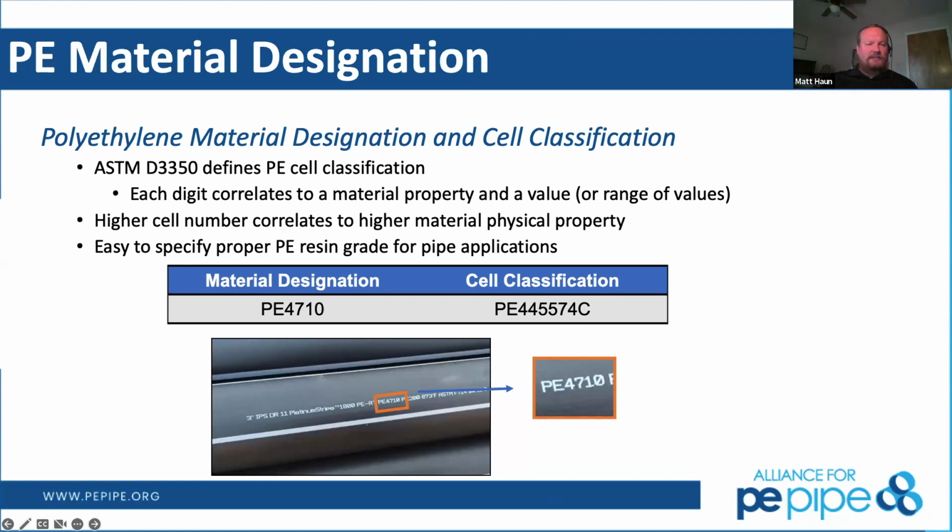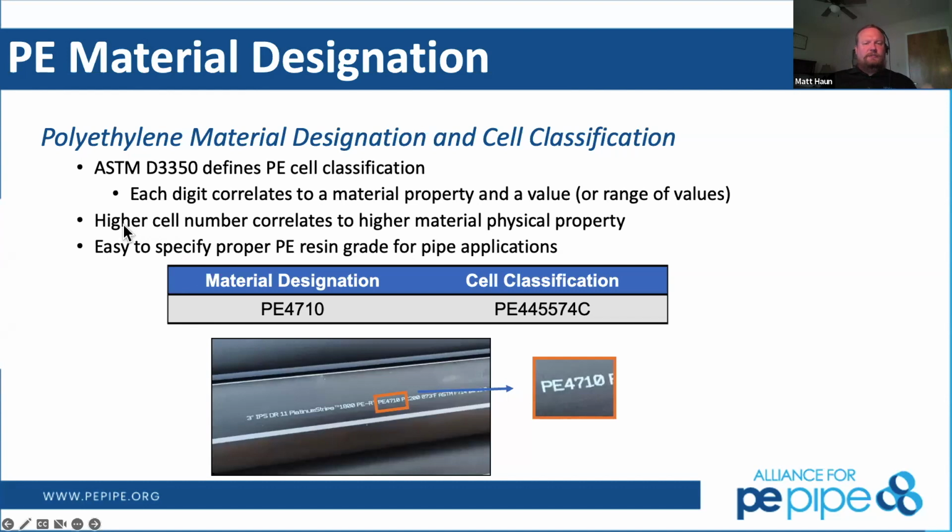I believe the engineer's package also has model specifications that can help outline exactly what material requirements you would have on the pipe material. But what you can take from this is that the material designation gets printed on the side of the pipe, so that inspectors out in the field can verify, yes, this is indeed material that was stated for this application. We're good to go.